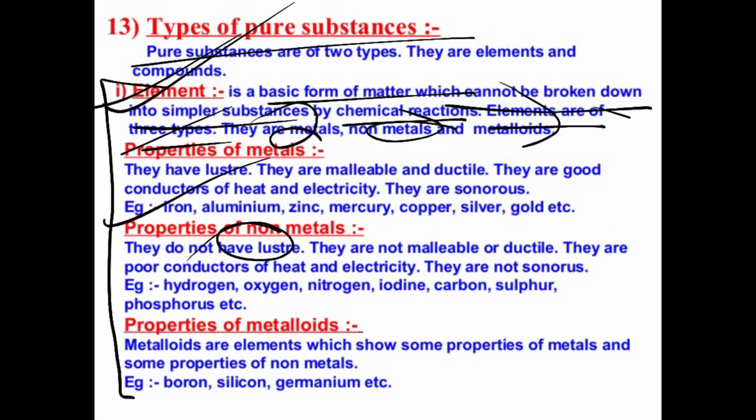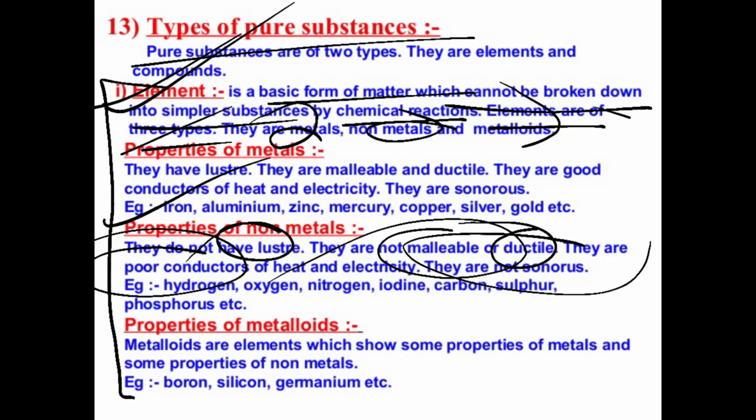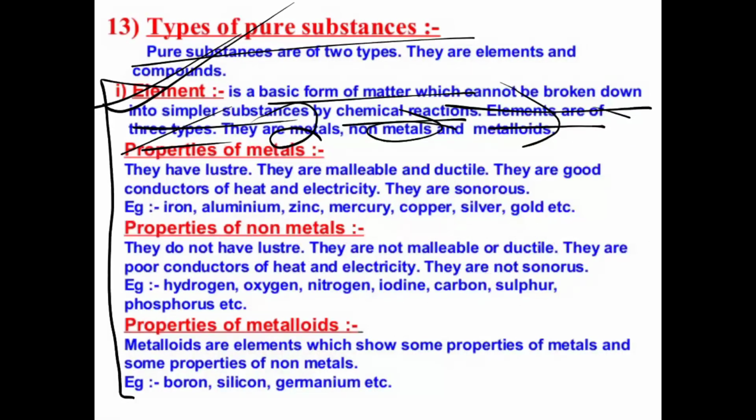Non-metals are not lustrous, meaning they are not shiny, they are non-malleable, non-ductile, poor conductors of electricity, and non-sonorous. Examples given are hydrogen, oxygen, nitrogen, iodine, carbon, sulfur and phosphorus. All these are non-metals. Actually, there is one conceptual thing: most of us think that diamond is a metal, but in actual fact it is not a metal, it is a non-metal.